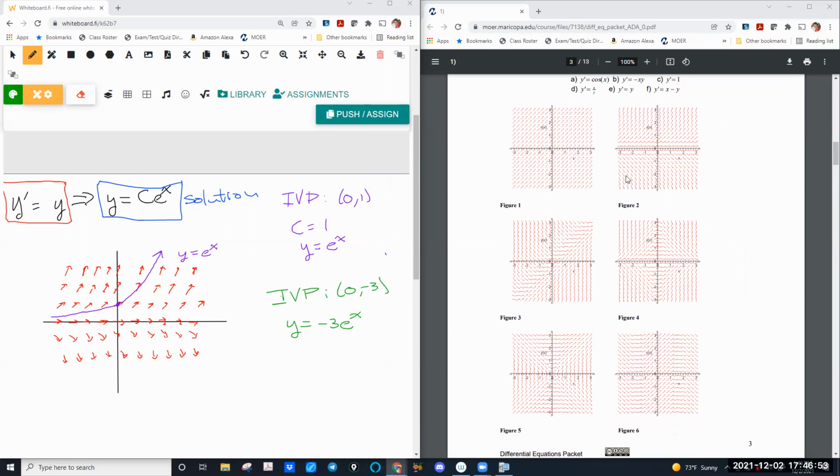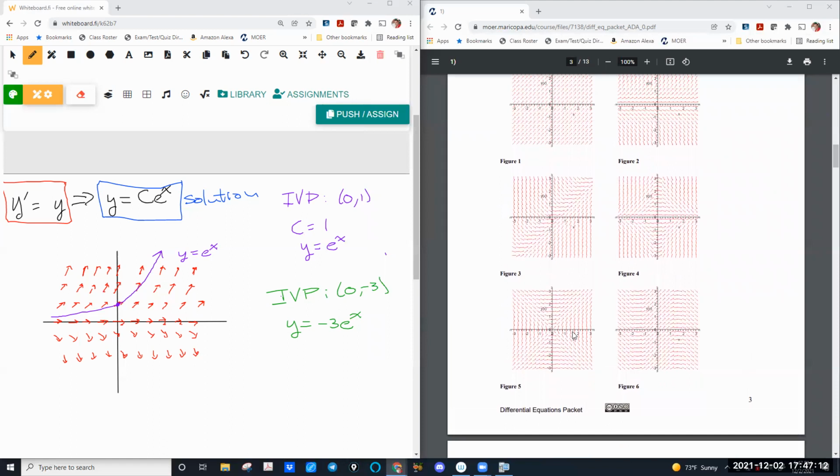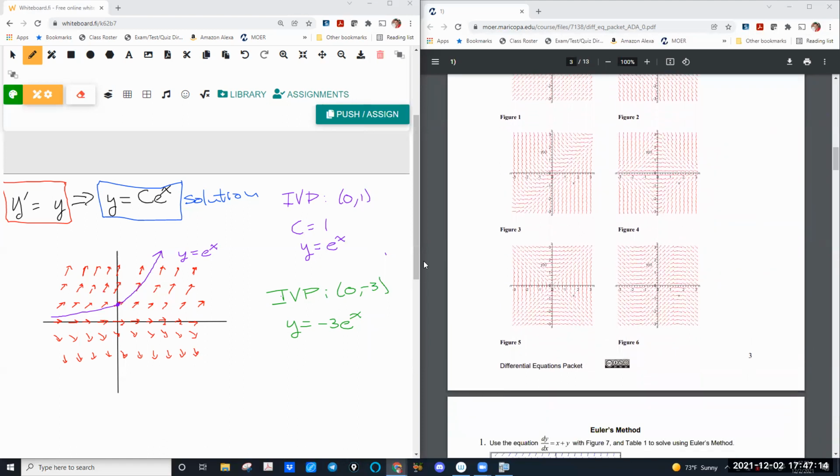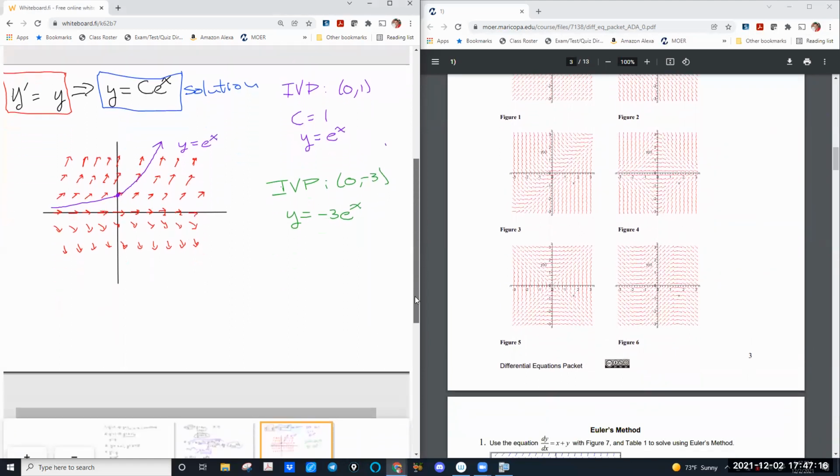Actually, I'm going to hold off on that. I'm going to save that for next class meeting. We'll talk about stability and equilibrium solutions. We'll save that for Tuesday because it's more interesting in applications than it is on some of these general differential equations. So I was thinking about doing it now, but let's talk about Euler's method.